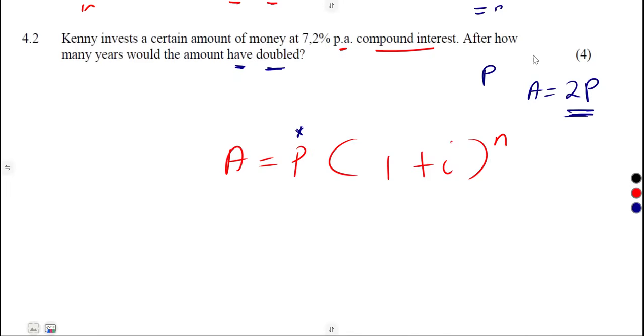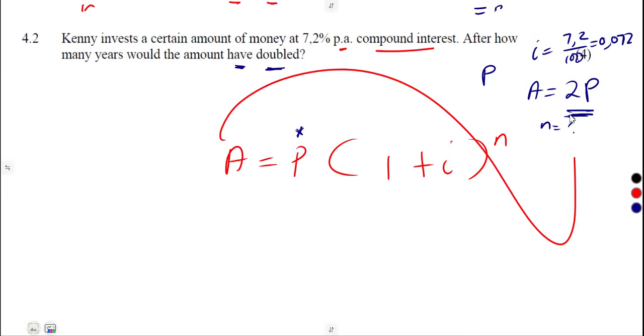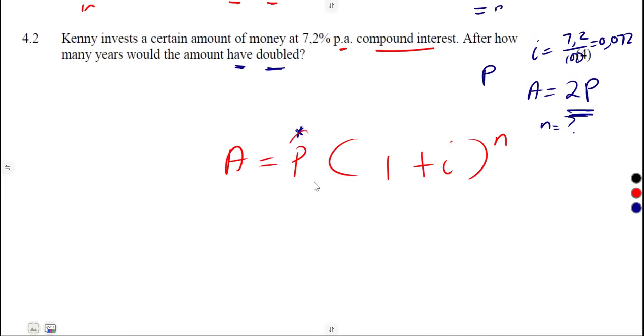So we can simply substitute, guys. What is the number of years? We do not know. The interest being 7.2% per annum, so divide by 100, that's 0.072. Substitute into this. Our amount has doubled, it's now 2P.